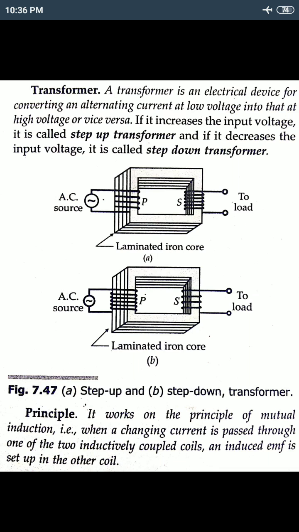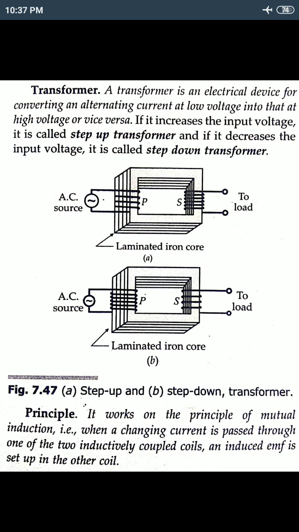And we know that the principle is mutual induction. When a changing current is passed through one of two coupled coils, an induced EMF is set up in the other coil. Discussing the construction, P and S are written: P is the primary, S is the secondary.